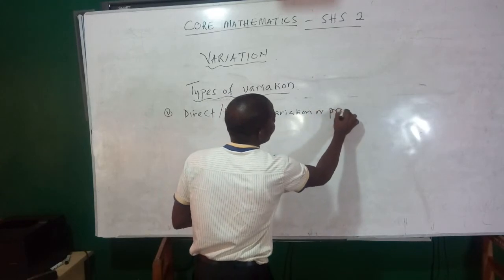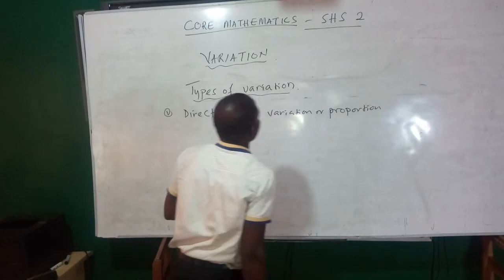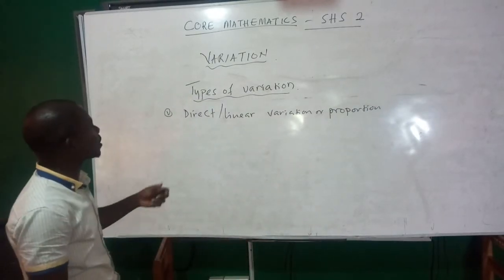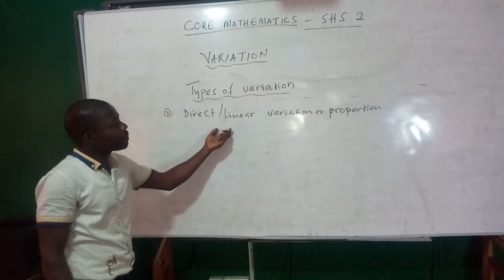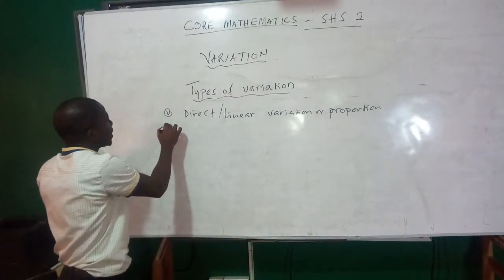The first one is the direct or linear variation or proportion, as I've stated earlier.